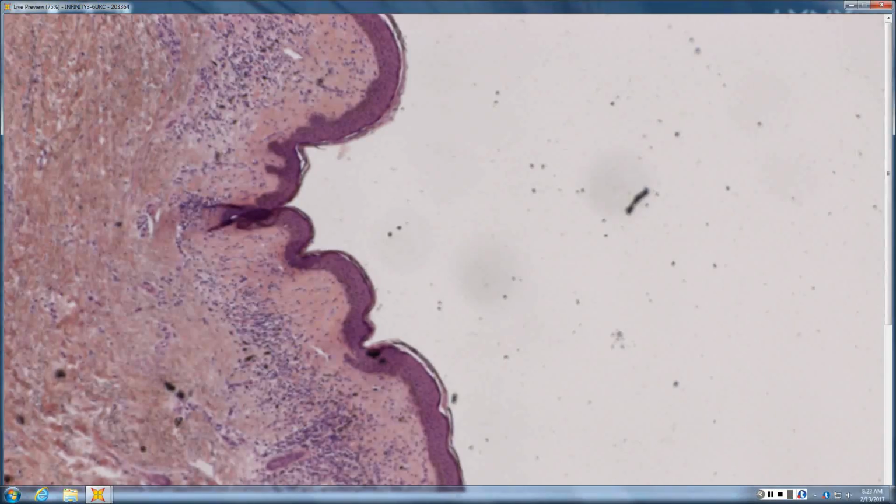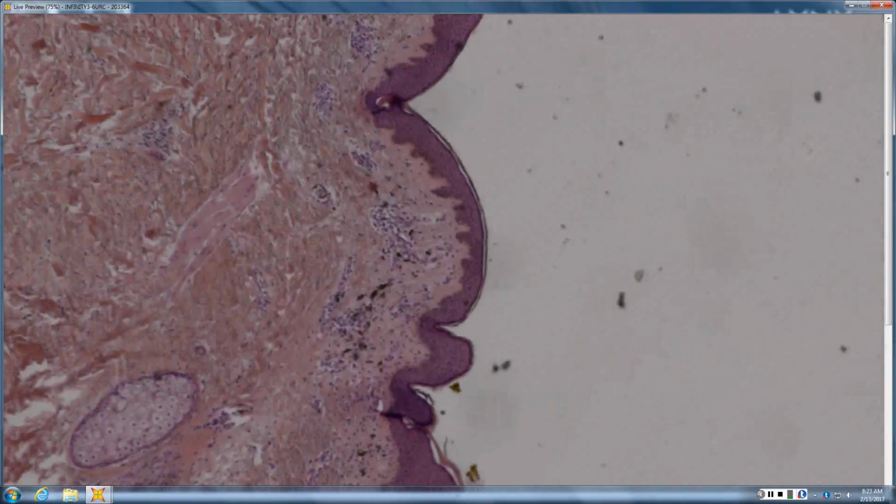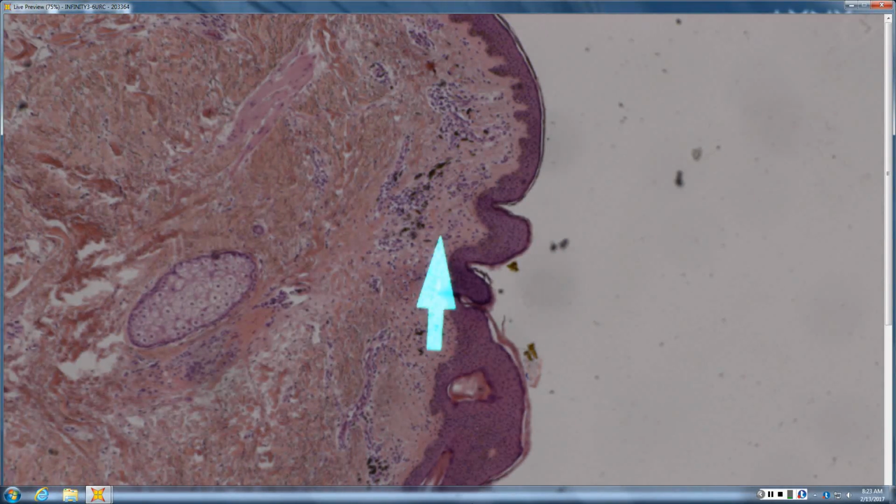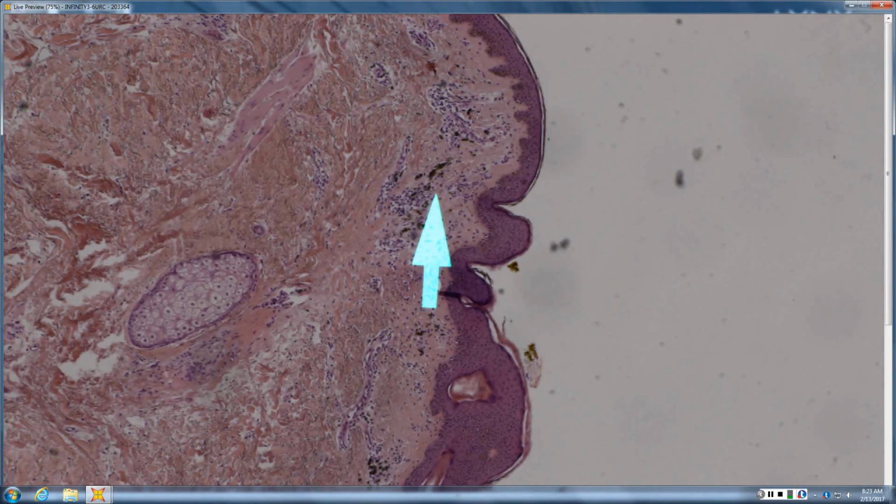Looks like a superficial dermal infiltrate and some pigment. Is it a little pigment or a fair amount of pigment? A fair amount. And yet there's not a whole lot of infiltrate, right? So when you have too much pigment, too deep and too bulky to have been inflammatory in origin, that's what we call tumoral melanosis.